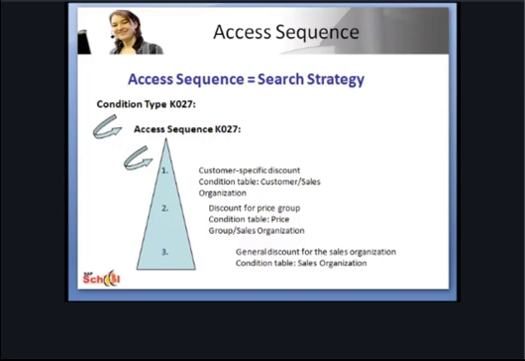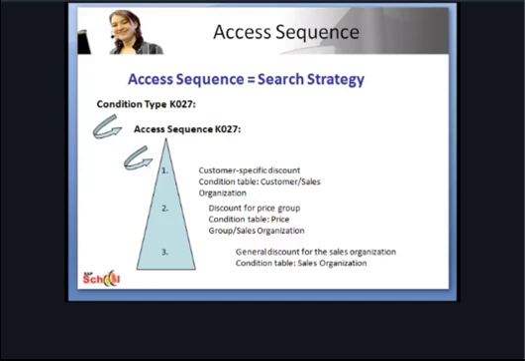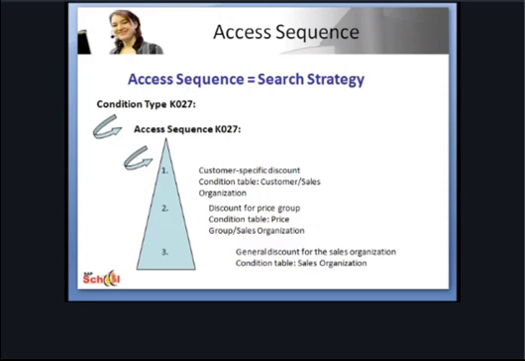We'll go into more details of the condition table in a minute. The sequence of the accesses controls the priority of the individual condition records. The accesses tell the system where to start searching after a valid condition record is found. You can create an access sequence for each condition type for which you create condition records.